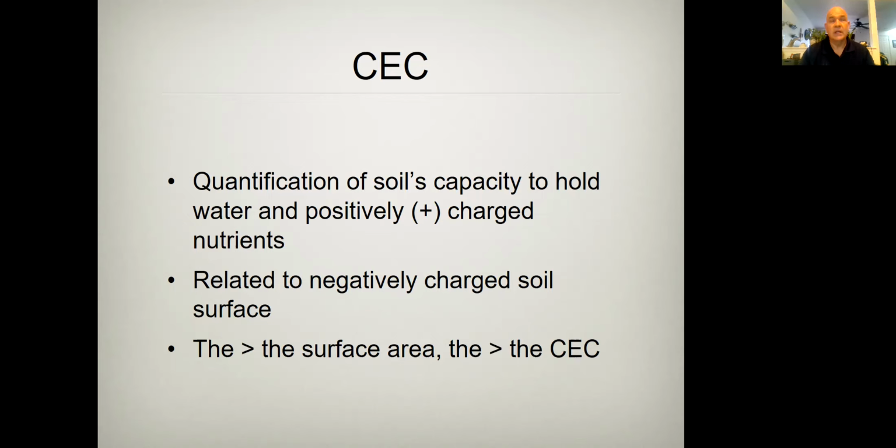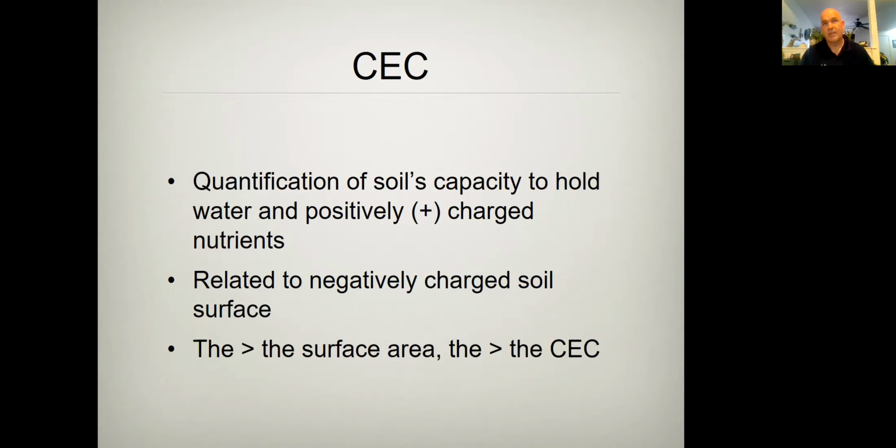Okay, the CEC is an important property in terms of one of the things we test for. We don't usually analyze for CEC directly. Rather, we tend to get an estimate of this, but this evaluates the soil's ability to hold the nutrients. Soils are negatively charged, and positively charged nutrients can be held onto the cation exchange complex. The greater the surface area of the soil, the greater the CEC.